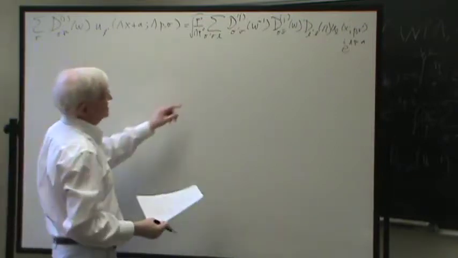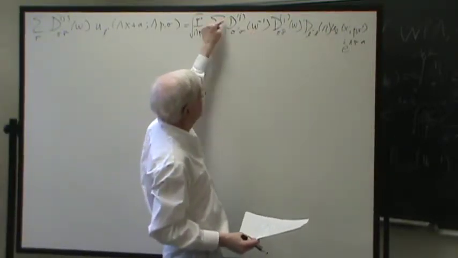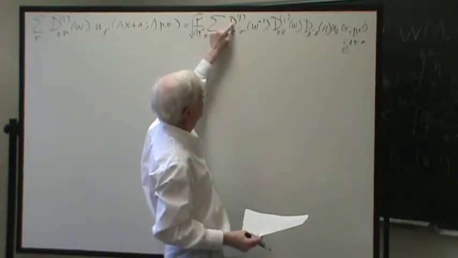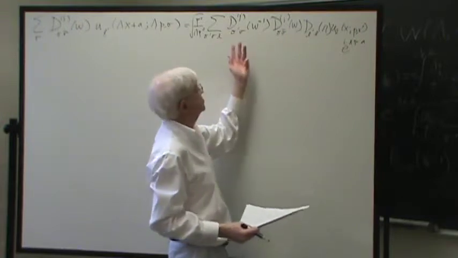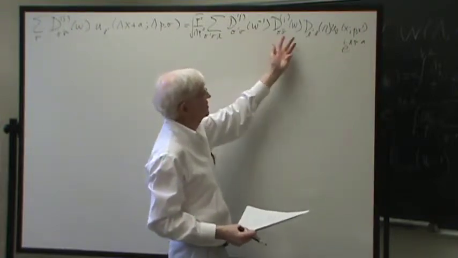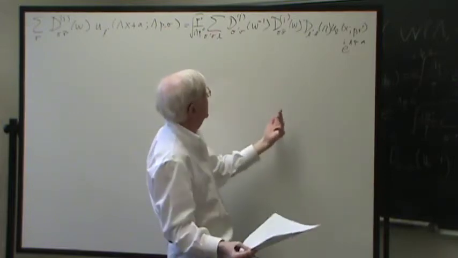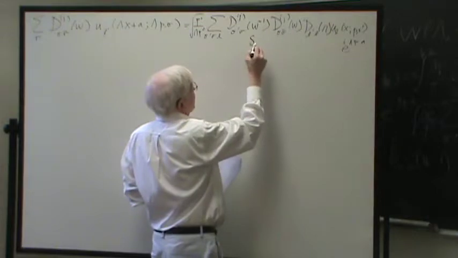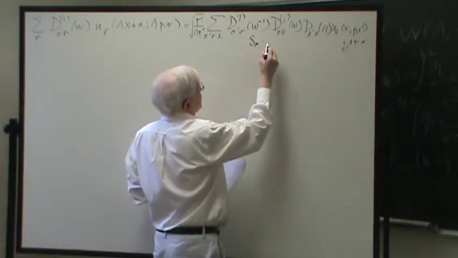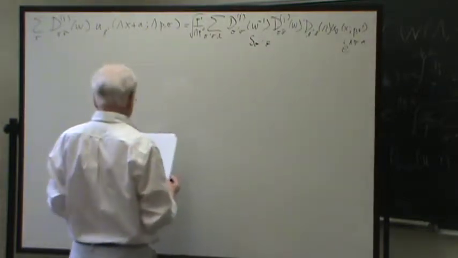Okay, but of course, this times that is just the identity, because it's W inverse, or just as, this is a representation of the rotation group. So D of W inverse times D of W is just D of the identity, which is just the Kronecker delta. So this just gives us delta σ'σ bar, and that turns that σ' into σ bar.